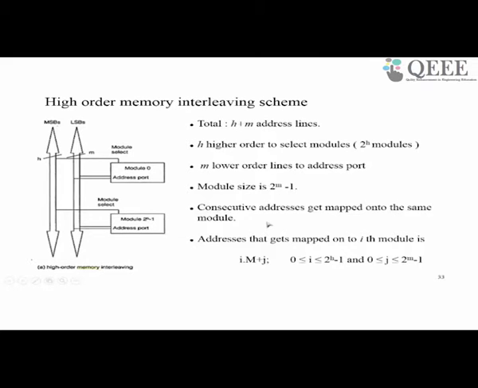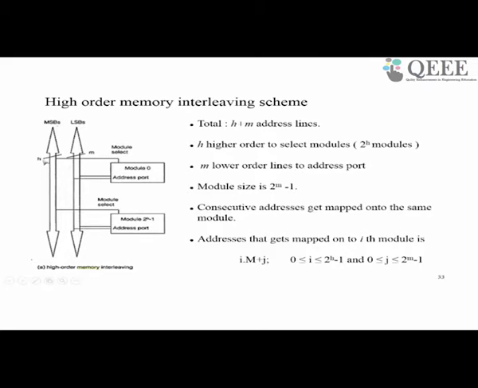So what is the advantage of this one? Here we can have a memory of size 8 kilo words: 8 modules each having 1k words, totally 8k words can be constructed. The important thing is successive addresses are mapped onto successive locations within a module.